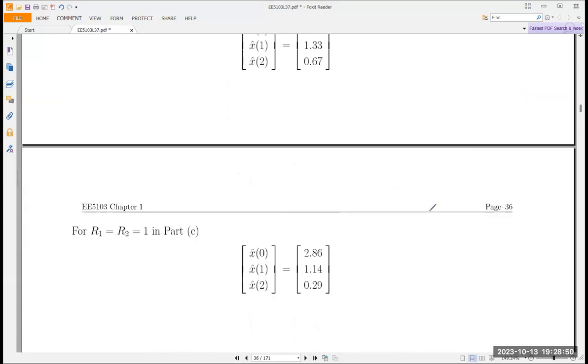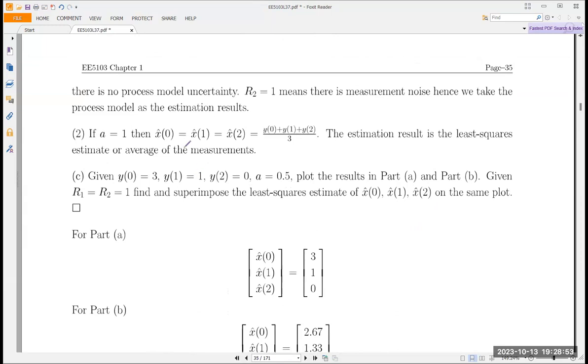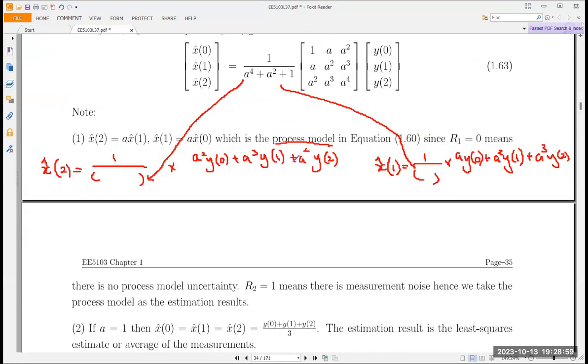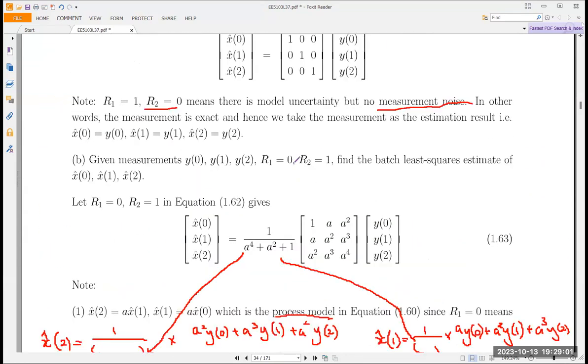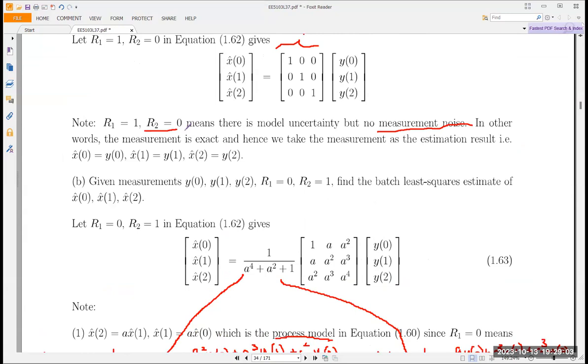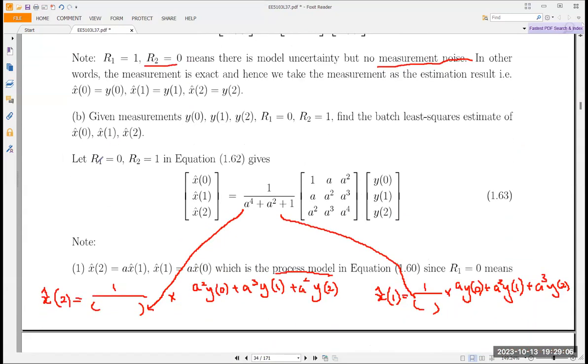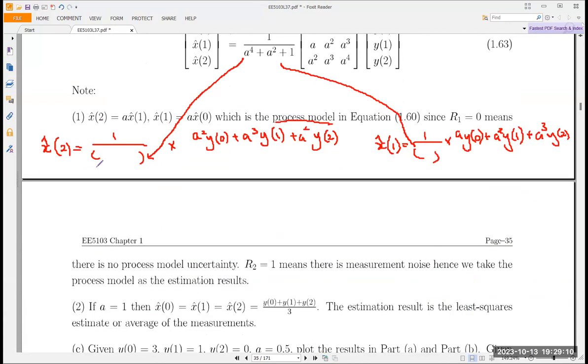So notice now that part A means R2 is 0, and part B means R1 is 0.